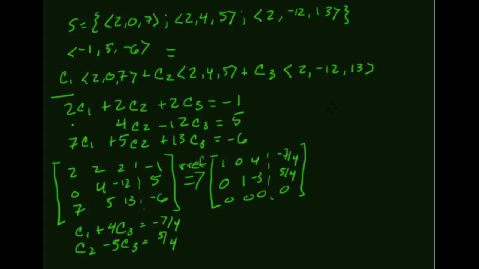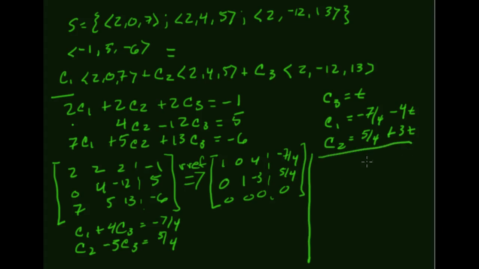So I'm going to parameterize that, and if I let C3 be T, then C1 would be negative 7 fourths minus 4T, and C2 would then be 5 fourths plus 3T.